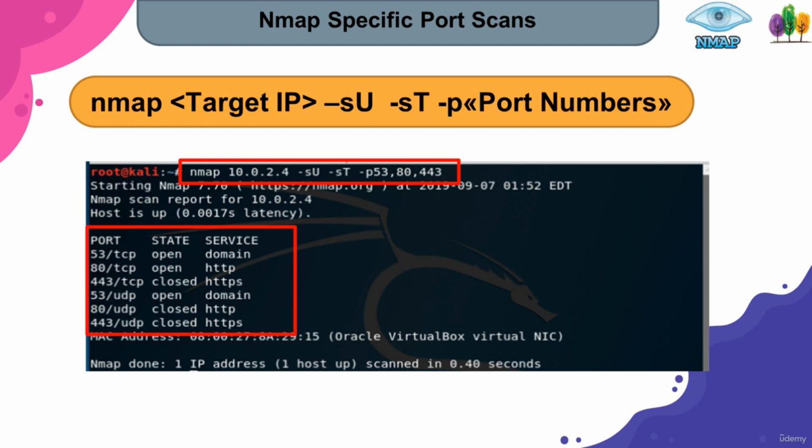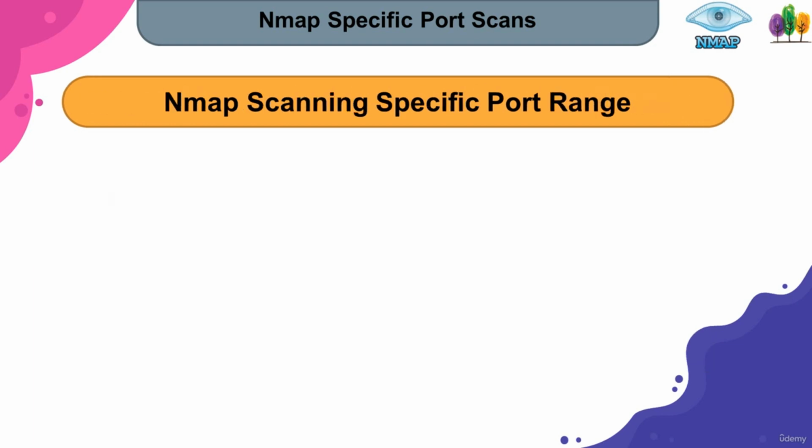Scanning a specific port range with nmap. Now, what was the port before? We learned what it's used for, but there are 65,535 port numbers in most computer systems. So with nmap, we can scan a wide range of ports.